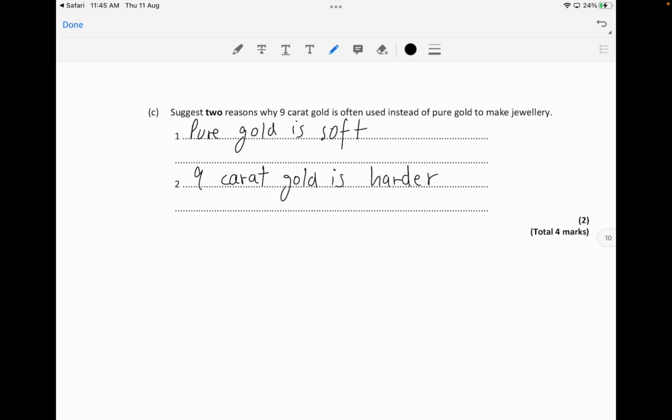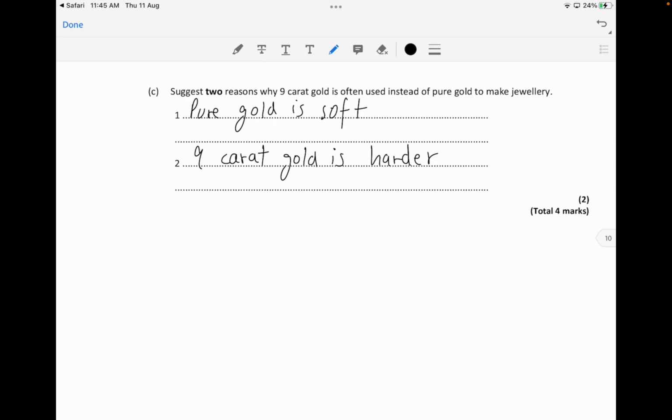You can also mention that, depending on the cost, 9 karat is cheaper, and that 24 karat gold is also soft. You can also mention that 9 karat gold is an alloy and that it can change color as well. Or you could just mention that pure gold is soft and 9 karat gold is harder. Alright, let's move on to the next question.